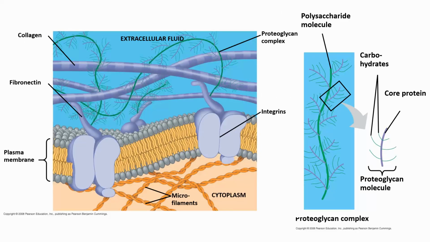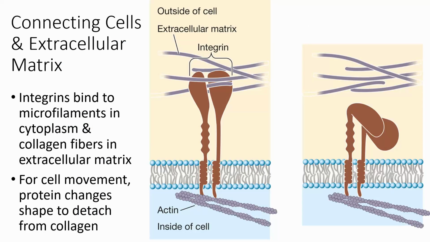Here's just another image showing you a proteoglycan and its structure, showing you how the extracellular matrix is anchored to, for example, here we have fibronectin, which is a protein that is bound to an integral membrane protein that then binds to the extracellular matrix, helps hold everything in place.